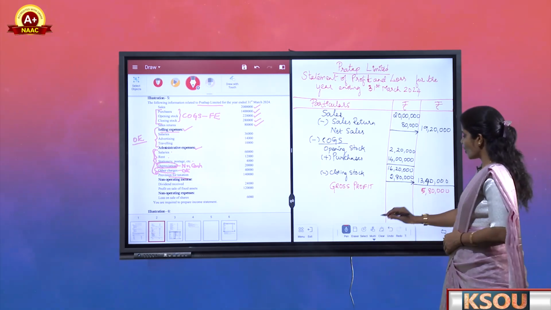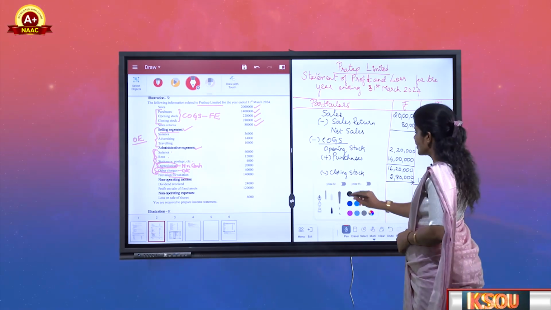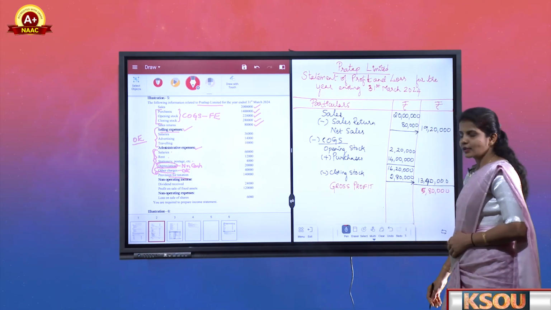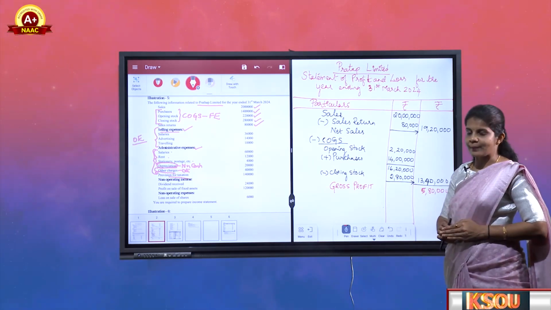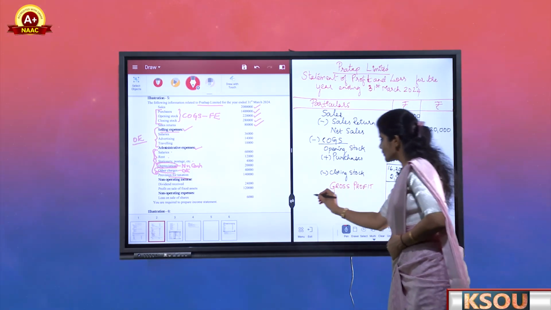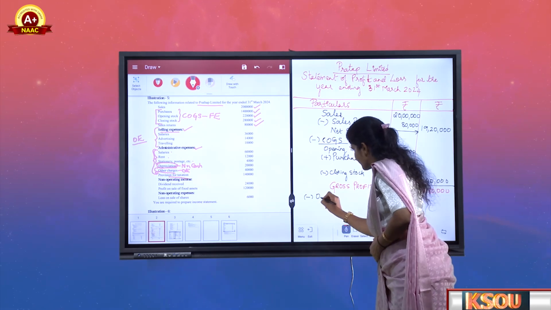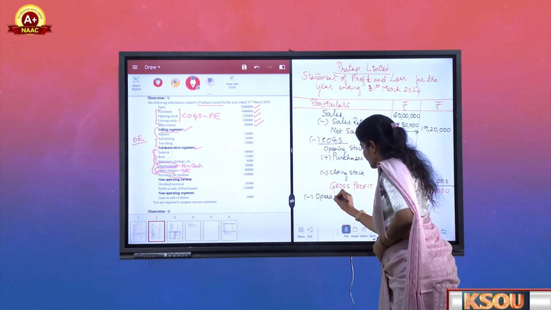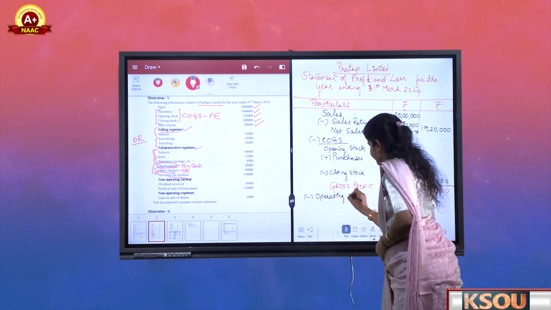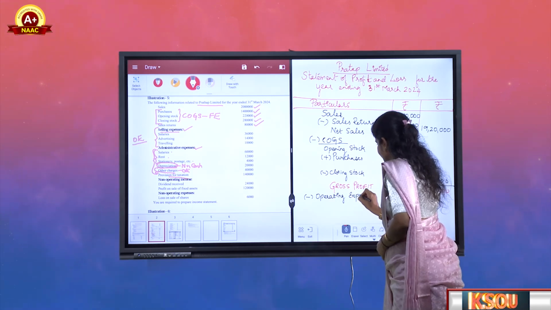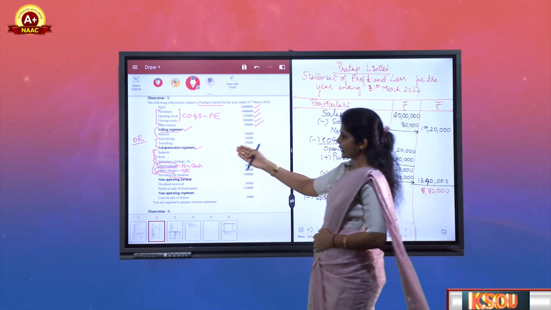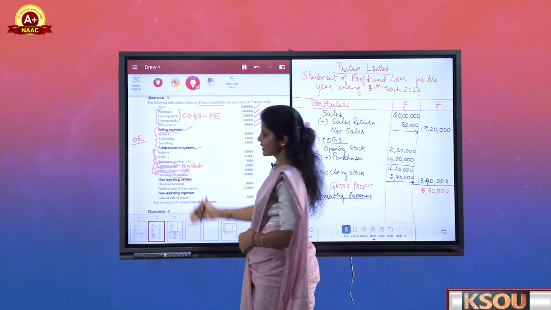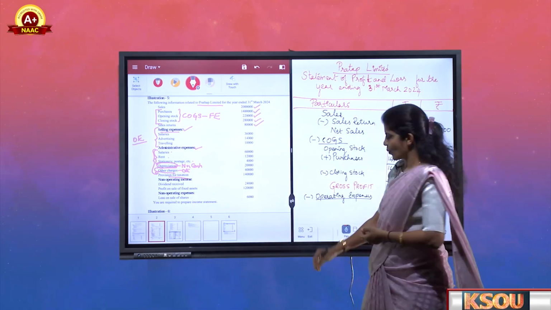Let us deduct operating expenses from the gross profit. If you deduct operating expenses from the gross profit, then we will arrive at EBITDA. So let us deduct operating expenses. There are so many operating expenses like selling expenses, administrative expenses, etc. Let us take one by one.